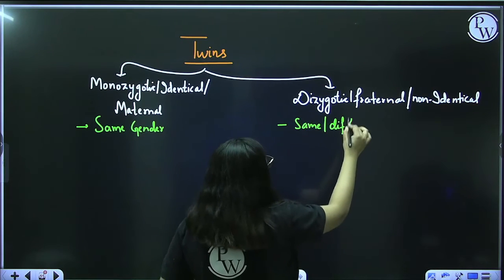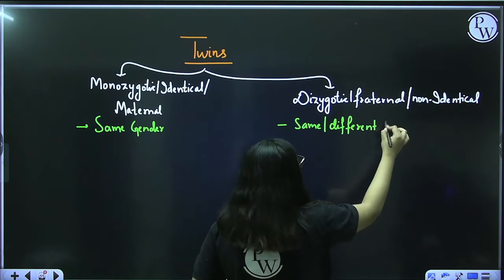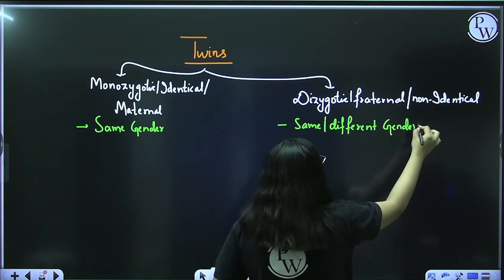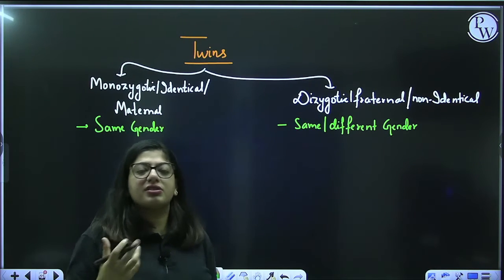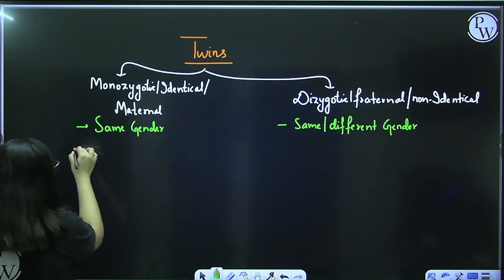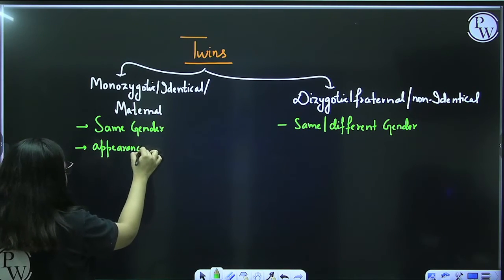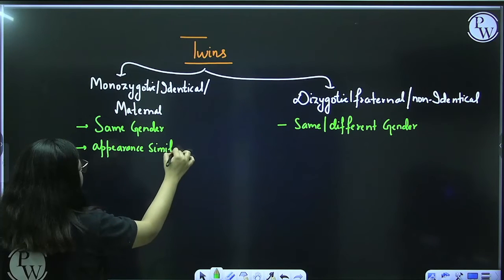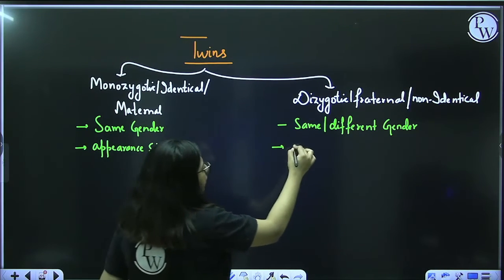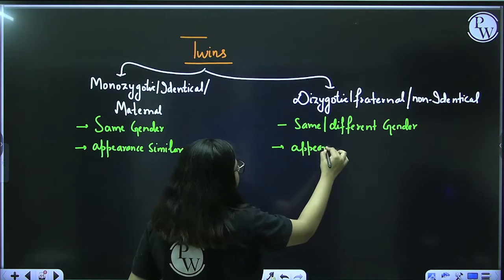And even their characters, features will be different. Maybe their face appearance is different. So identical twins' appearances are similar, while fraternal twins' appearances may be different. Now why so?